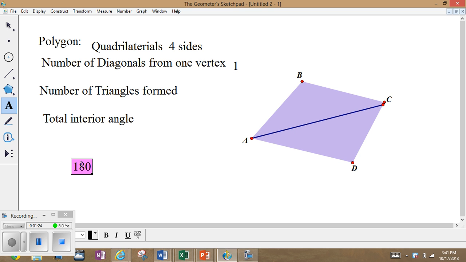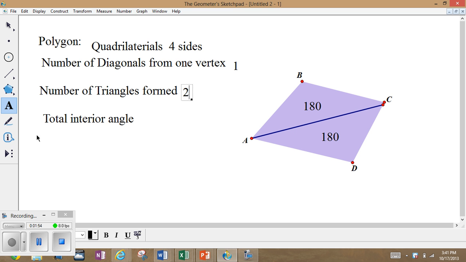So we've got 180 degrees represented in each triangle, and that tells us that we've got 2 triangles in our figure, each with 180 degrees.